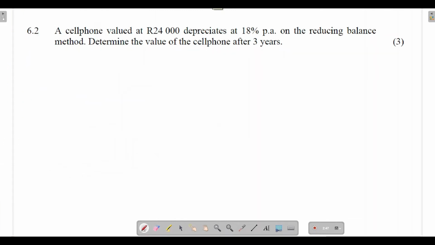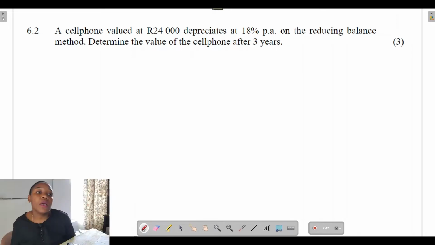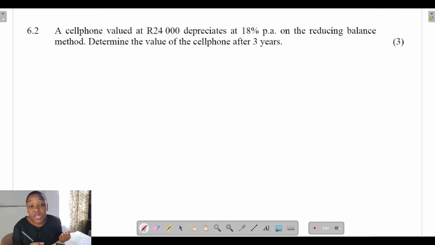A cell phone valued at 24,000 depreciates at 18% per annum on the reducing balance method. Determine the value of the cell phone after 3 years. So in this question, we are given a cell phone, and we are told that this cell phone depreciates in value at an interest rate of 18% per annum on a reducing balance method.